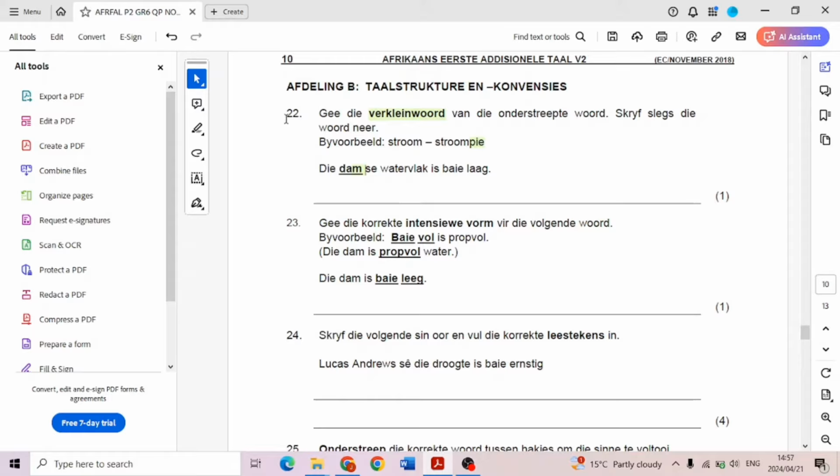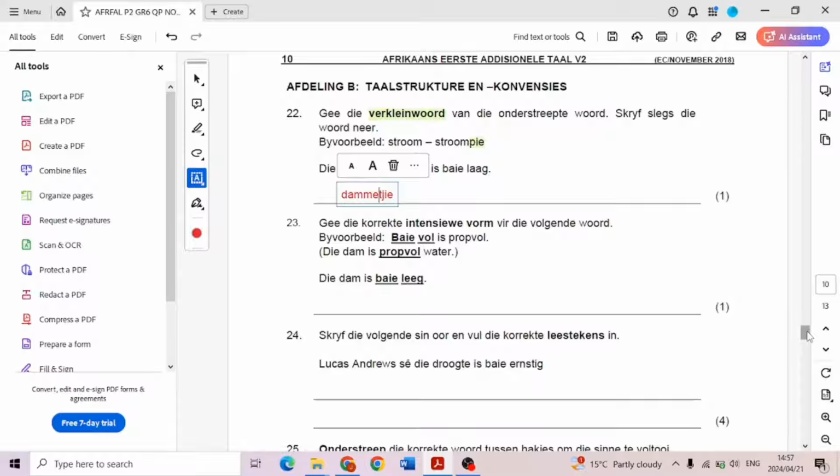So what you do with rule number 2 words is that you need to double the last letter and add a key. Okay, so you double the last letter there, and then you add a key, which is the E-T-J-I-E. So that's going to be 1 mark.